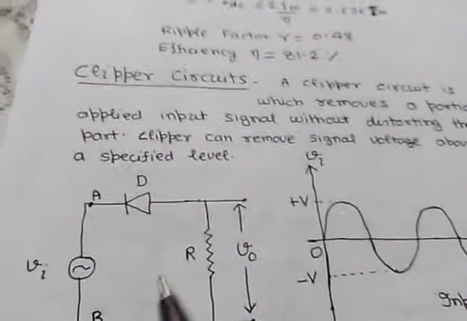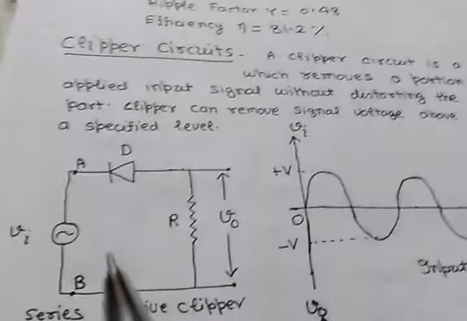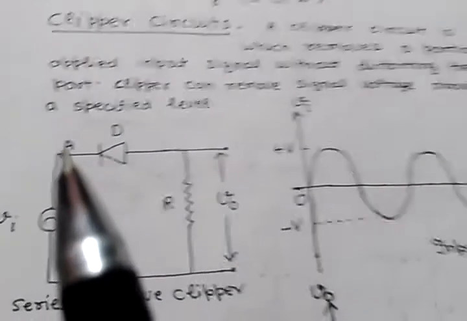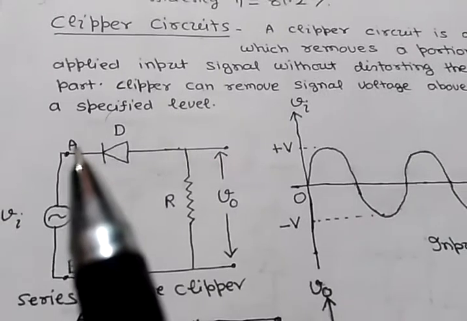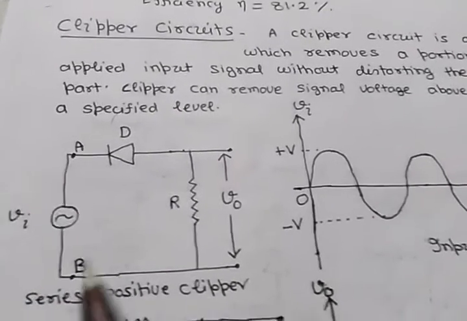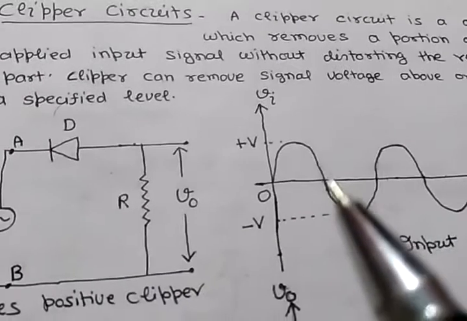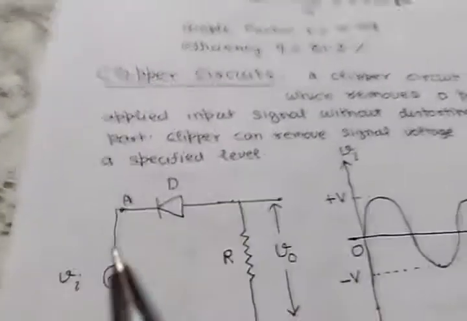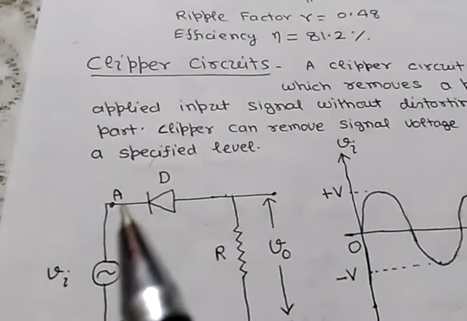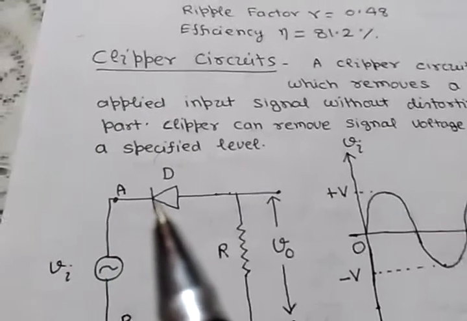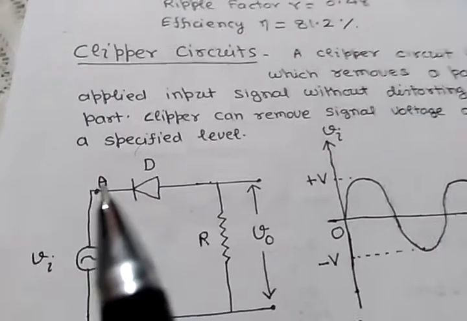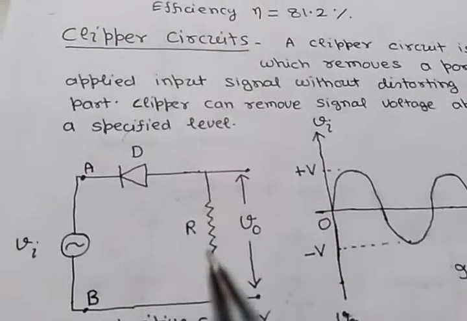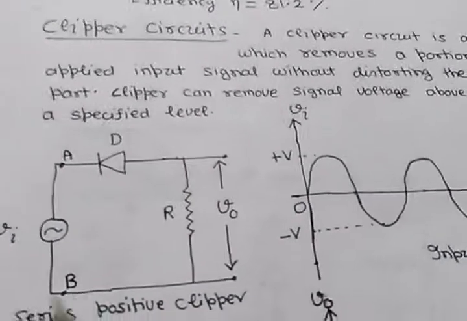Now consider the negative half cycle. In the negative half cycle, point A is negative with respect to point B. This is the cycle we will consider here. When point A is negative, the N region of the diode is at negative voltage and the P region of the diode is at positive voltage.